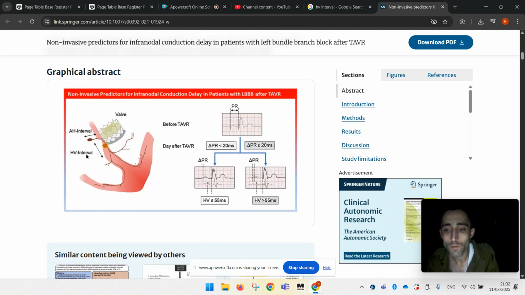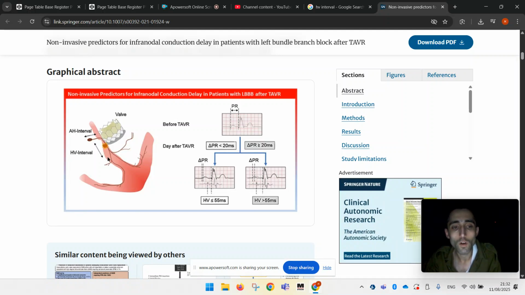But in electrophysiological study, you can measure the HV interval and assess the risk of your patient to just develop a block. So if the patient is symptomatic or if the HV interval is very prolonged, more than 100 milliseconds, it gives more justification for a permanent pacemaker installation.